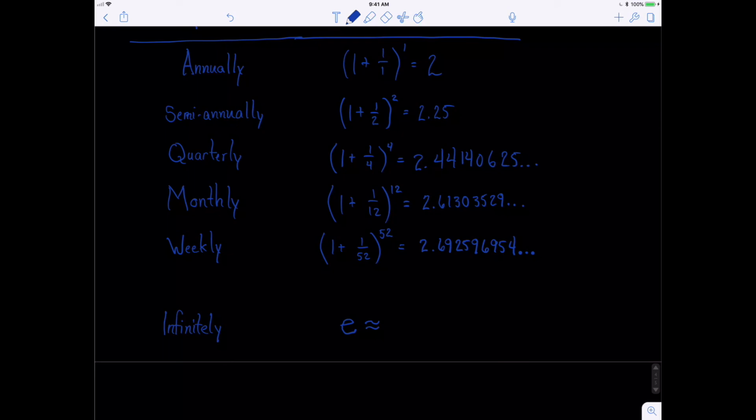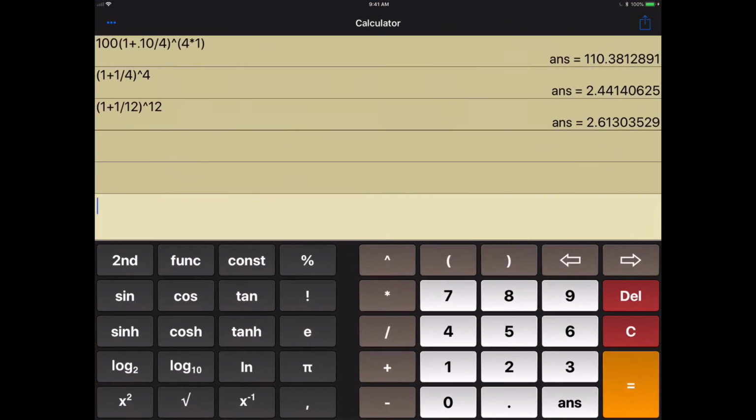Let's take a look at it. I'm going to go to my good grapher here, and your calculator usually has an E button, and mine does. So I'm going to type E, and then press enter and see what it gives. This number here, 2.718281828, goes on forever, and it never repeats its pattern.